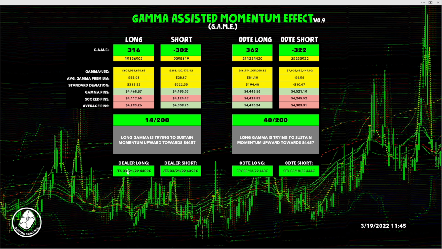I use the various Greeks along with some other calculations to determine which contracts have the most isolated, concentrated amount of that particular measurement, and then it delivers the isotopic order book. Now, in terms of what the dealer is selling or buying, I do more complicated calculations to determine that for the order book itself. So with G.A.M.E, you don't get that. You just get the very basic, what we assume to be their long and what we assume to be their short, both 0-day and non, when applicable.